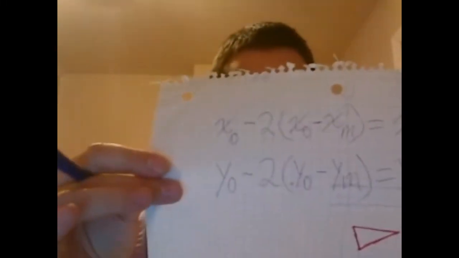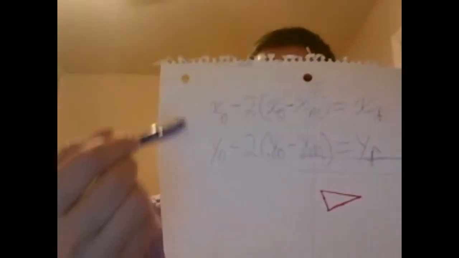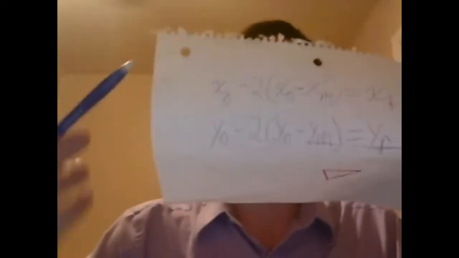So these general equations, these two general equations, are what we were basically deriving this entire time. These equations work. This one works for a vertical mirror, including the y-axis. The y-axis is a vertical line.